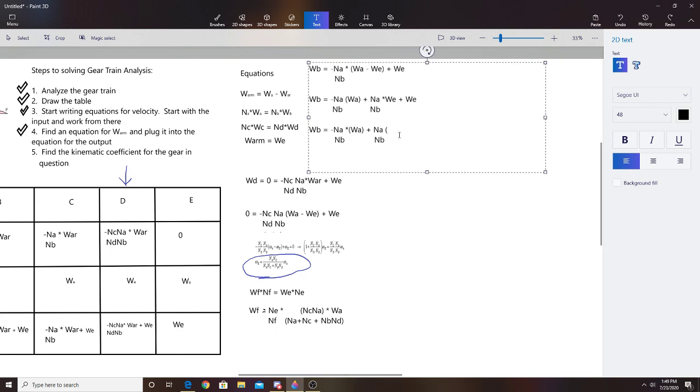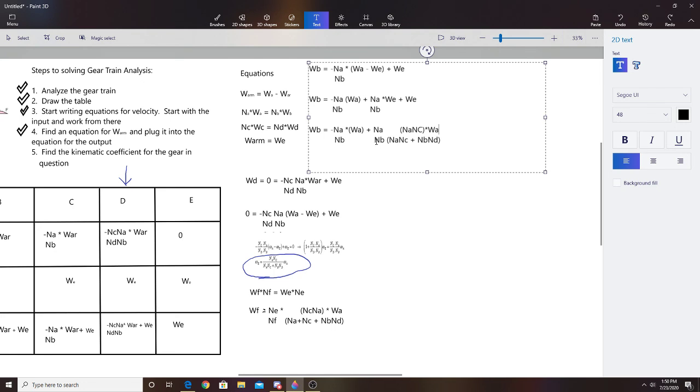So, we are going to plug in WE for what it means, which is right here, which is NA times NC over NA NC plus NB ND times WA. Right? So it's this, so what we had before, which was right here, it's just this times WE.